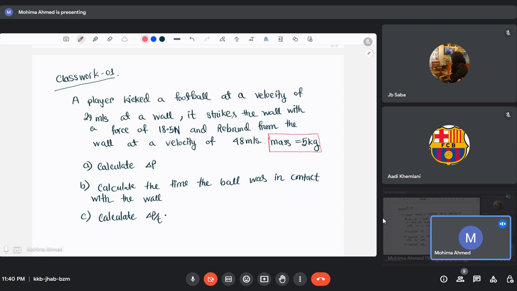Is done solving the question. It's been 10 minutes. Any problems you guys are facing?